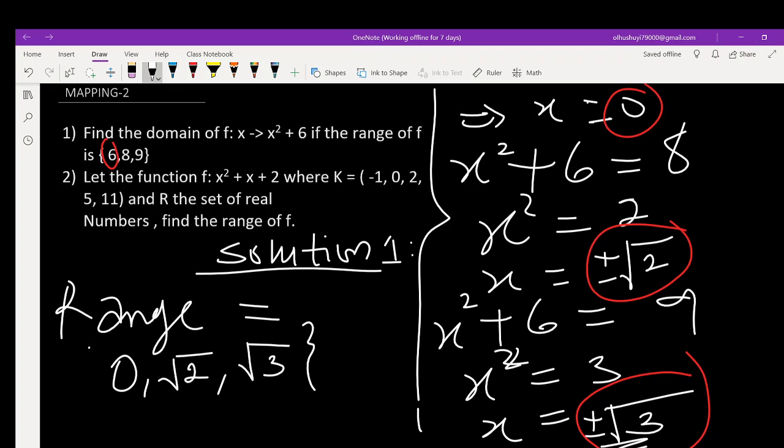So this is what our range should give us. We are good to go with this.